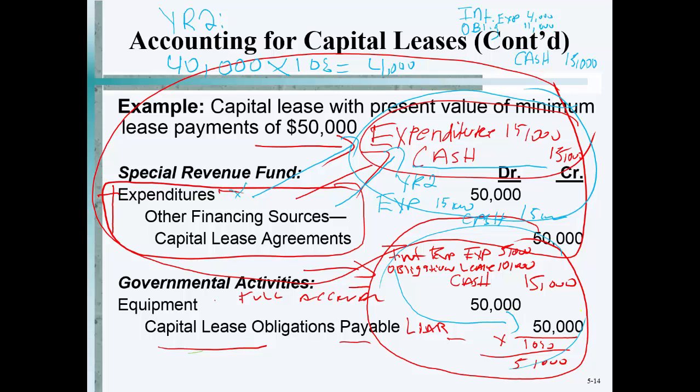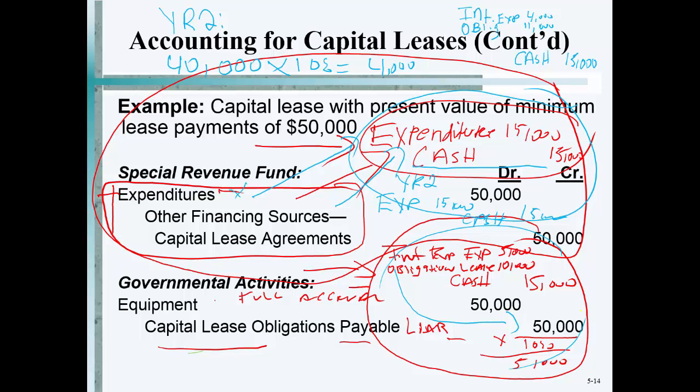Okay, I debit expenditure, I credit cash, $15,000 as I make the payments, right? And in year 2, when I make my payment, I debit expenditure, I credit cash for the same amount, right? Each time I make that payment. And it just keeps going like that till I'm done, till I get out of this lease, right? Okay, what do you want me to tell you? The part is other financing sources, capital leasing.